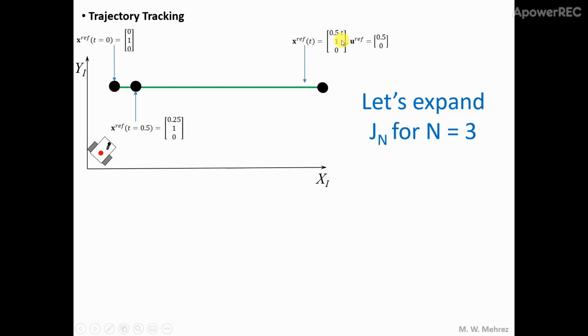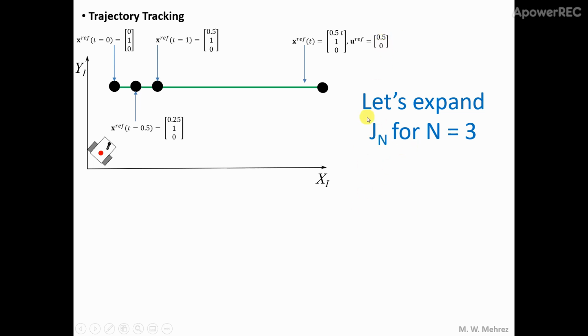So if we go to xref and substitute t equals 0.5, we end up having this reference posture. And then the following time step for t equals 1, this becomes our reference for the state vector. For the three cases, and actually for all the points along this trajectory, uref is constant. It's 0.5 for v and 0 for omega.